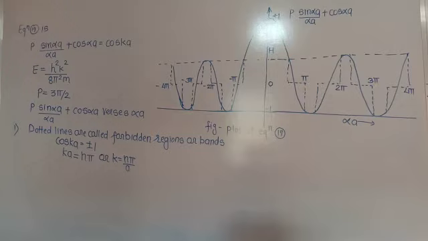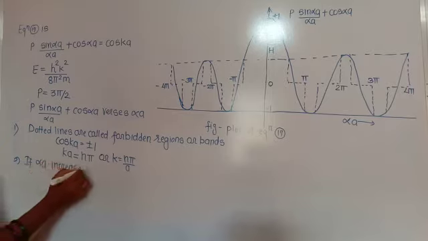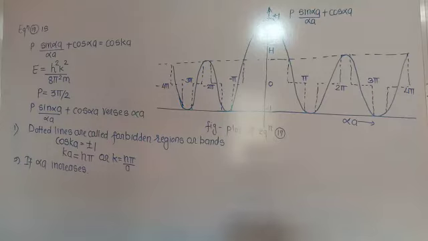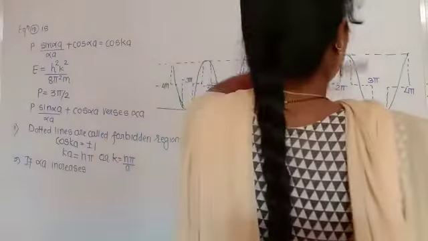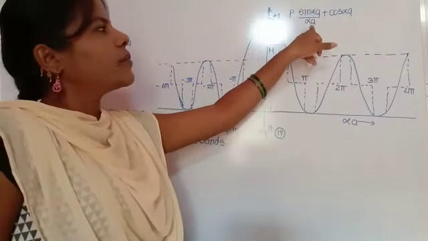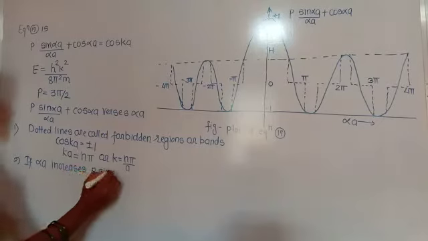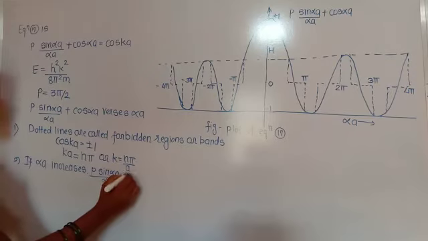As K increases, the term P sin alpha a divided by alpha a on the left hand side of equation 17 decreases, so that the width of allowed energy bands increases and hence the forbidden energy regions become narrower. Here, if the value of alpha a increases, the value of P sin alpha a divided by alpha a plus cos alpha a decreases.